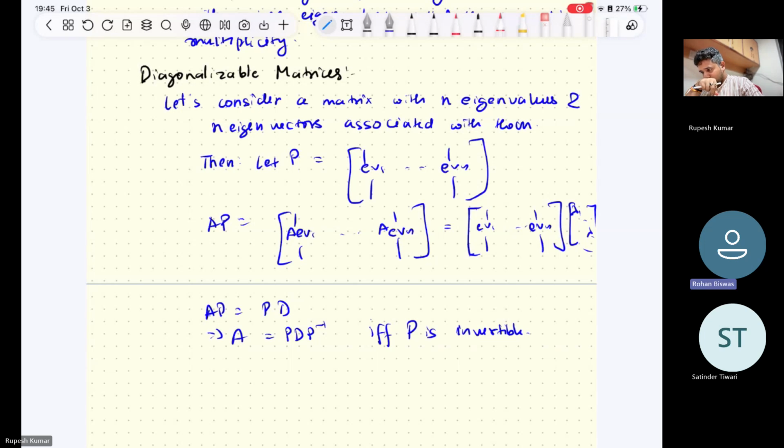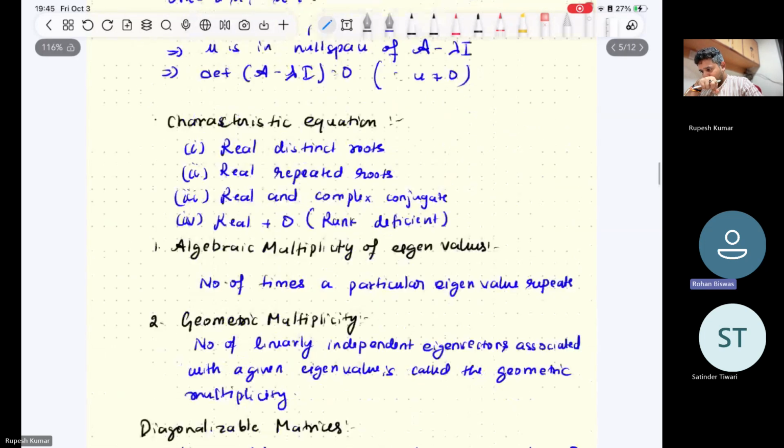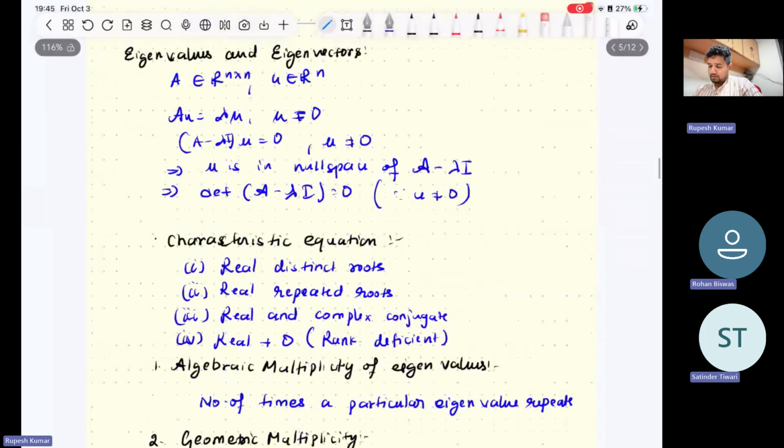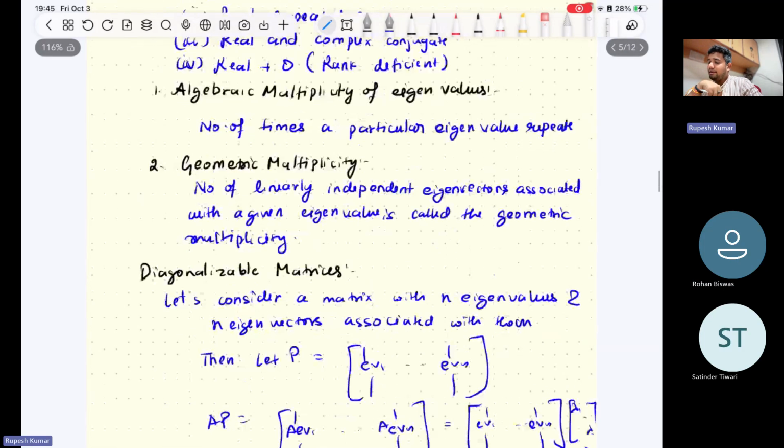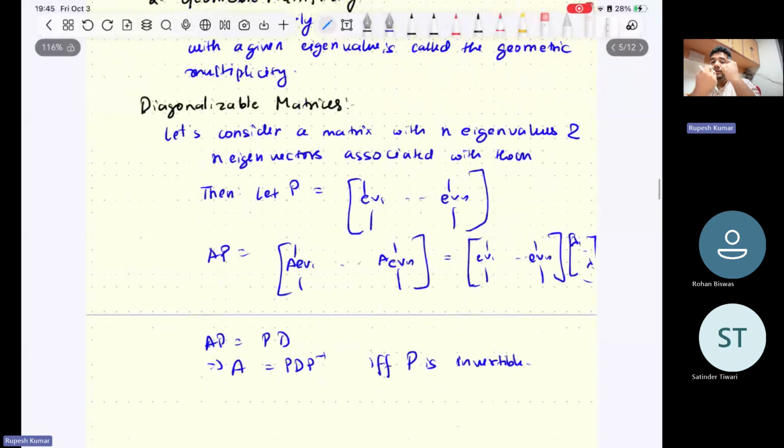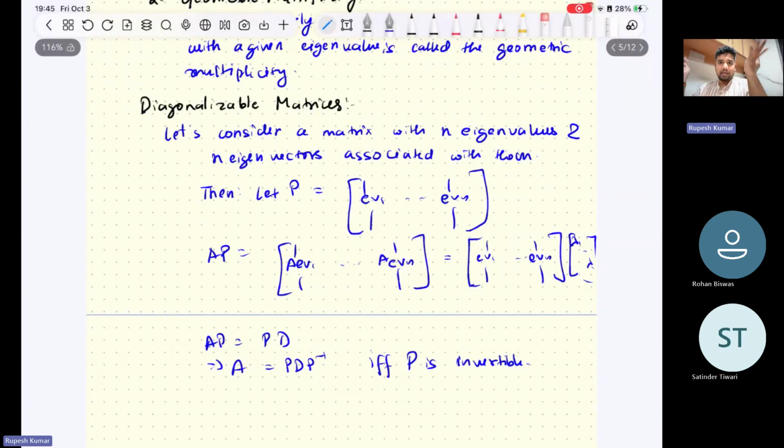Eigenvalues are defined for square matrices, right? For a square n by n matrix, at most n linearly independent eigenvectors can exist. Everyone agrees with this.